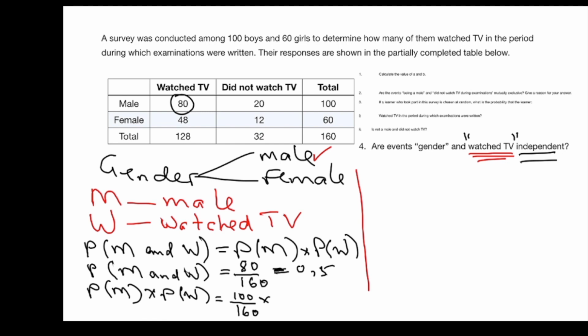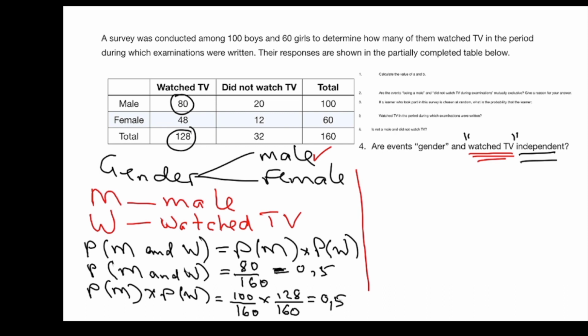How many people did watch television? There are 128 people that watched out of a total of 160. If you simplify 100 over 160 multiplied by 128 over 160, you will notice that you also get 0.5.